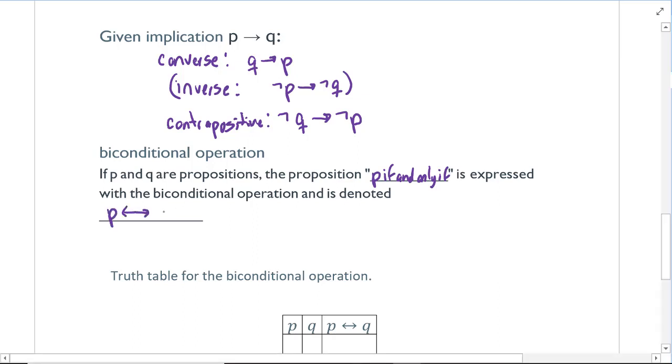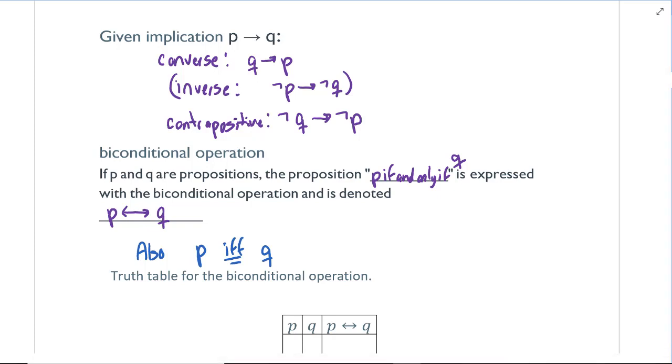So with a double-sided arrow, and this can also be written as P iff Q, okay? But we read P if and only if Q. So that says P if and only if Q.